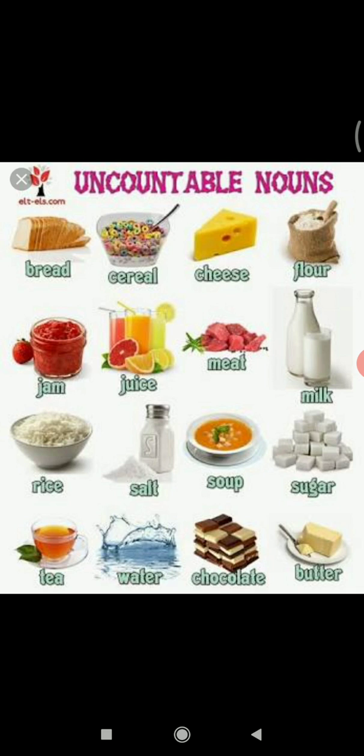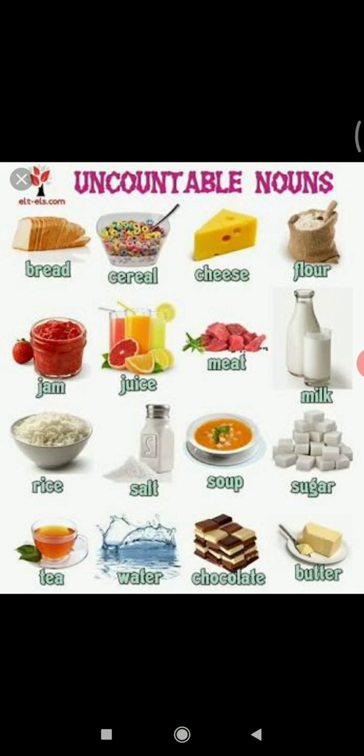In some packets we have 30, 40 slices. Not every bread will be sliced. It can be something like what we call a bun, so that won't be sliced. So the materials inside the bread cannot be counted. That is an uncountable noun.